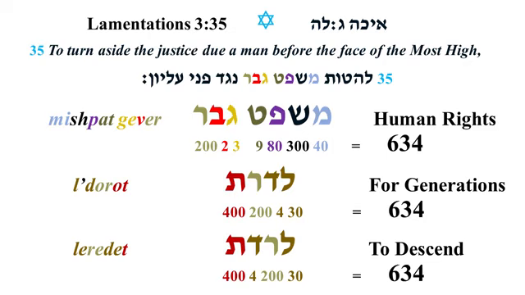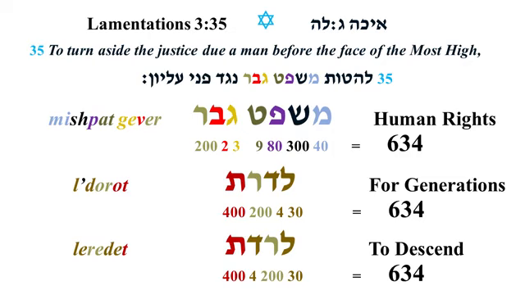And notice you have lamed, dalet, resh, tav. The dalet precedes the resh, and you get generations, and it adds up to 634. Or you can have la redet, which now you have the softer resh followed by the hard dalet, and that means to descend, which is also 634. So you have your choice how you want to raise or teach your children.